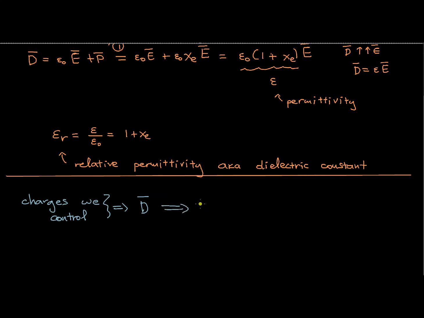From the electric displacement, using the fact that it is a linear dielectric, you will be able to find E, which at the end of the day is what affects your potential. If you make a measurement, this is what affects your forces. So when we work in problems, if we want to understand situations and do experiments, what we need to know is E. And linear dielectric materials allow us to go more easily from D to E.